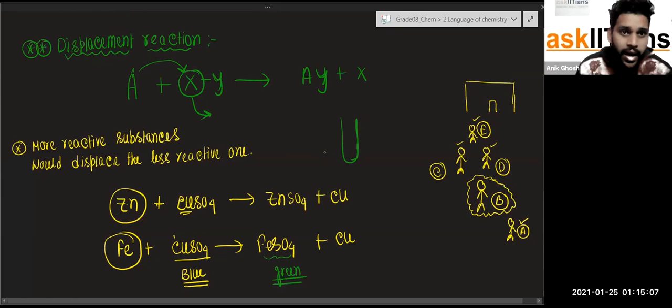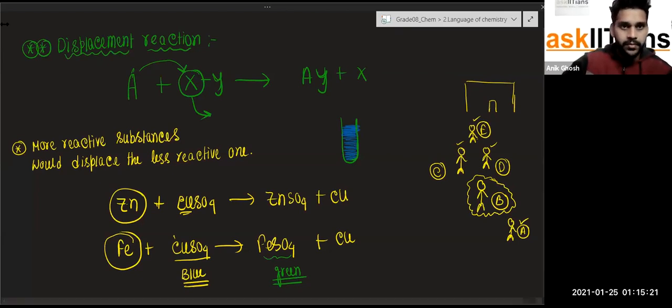Okay, this is a blue colored copper sulfate solution in it. Placing an iron nail. Wait for a moment. Yeah. So I'm placing an iron nail over here.